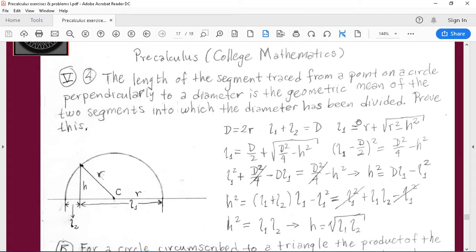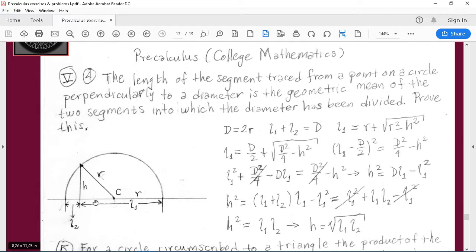Now, we have that L1 equals r, that is this segment here, plus this segment here. Now, this segment here is one of the cathetae of this right triangle here. The other one of the cathetae is h. The hypotenuse of the right triangle is r.